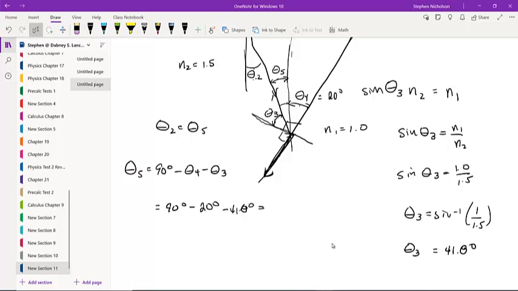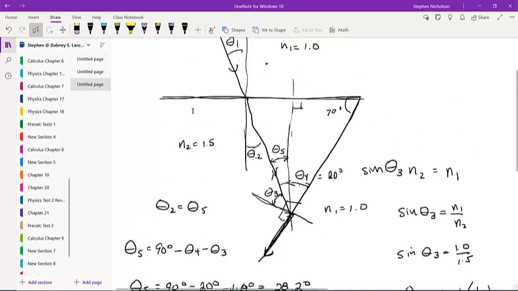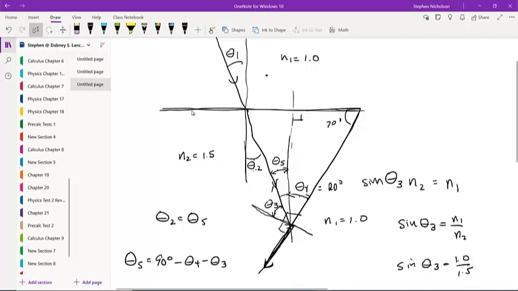So if we do that math, we'll get 90 minus 20 minus 41.8. So we get 28.2 degrees. So that's theta 5, but that's also equal to theta 2, 28.2 degrees. Okay, so that's the refracted angle that we have.